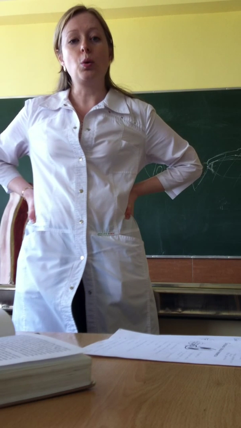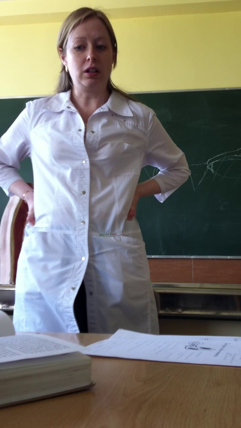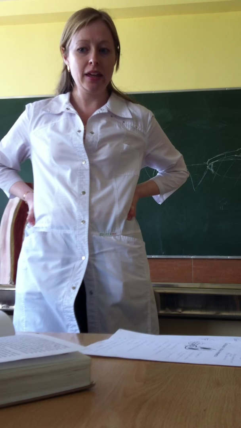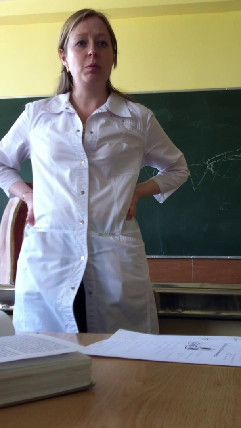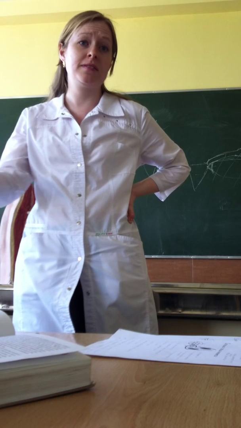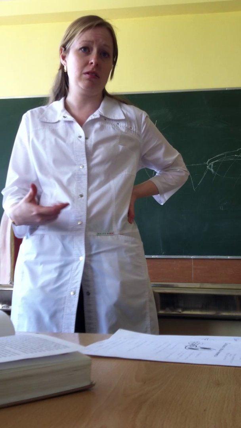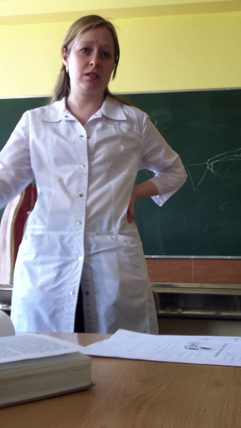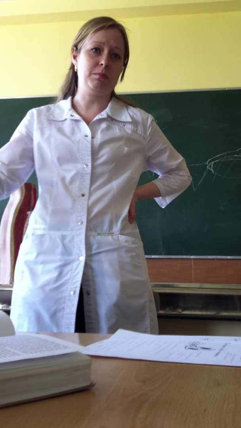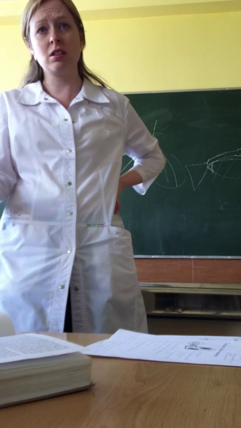The walls of the uterus we call endometrium, myometrium, perimetrium. These are specific names, so you should remember them. Endometrium is mucous, myometrium is muscular, and perimetrium is the external coat.